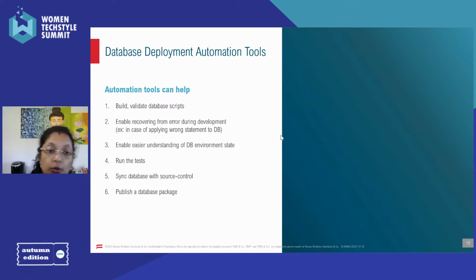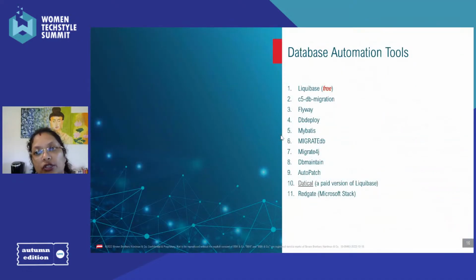You can sync the database with source control, and you can publish your database artifacts as a package as if it's application code. There are multiple database deployment automation tools in the market, like Liquibase, Flyway, DB Deploy, Migrate DB, DB Maintain, and so on and so forth.